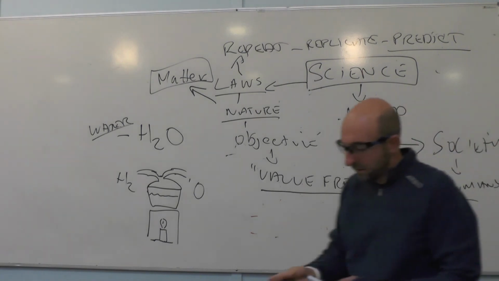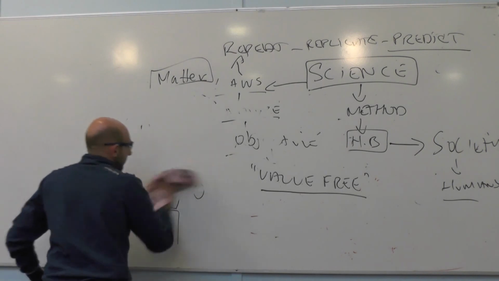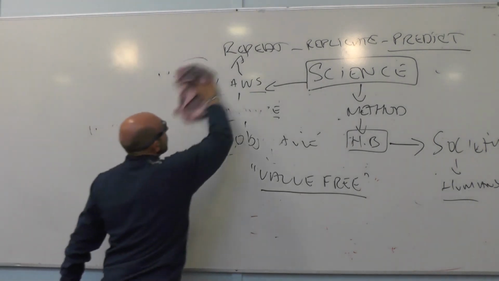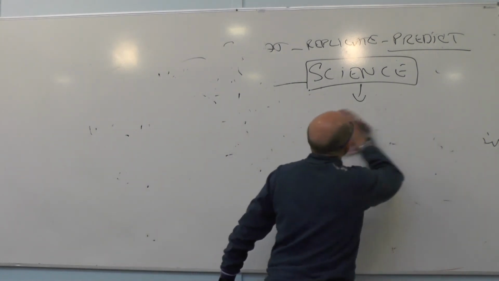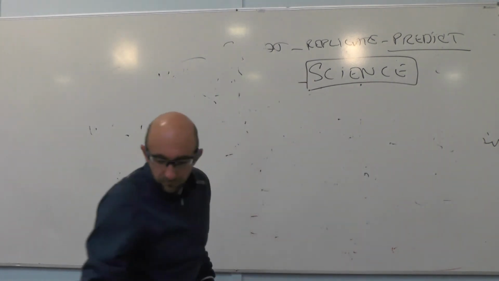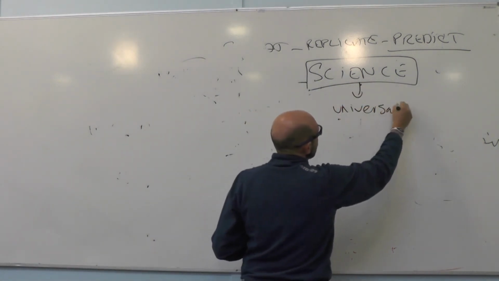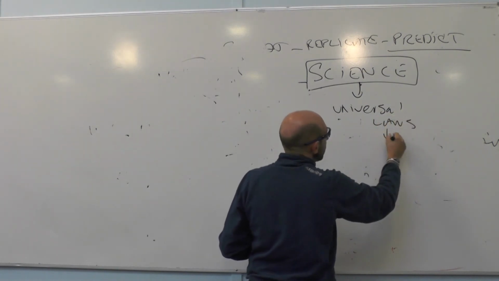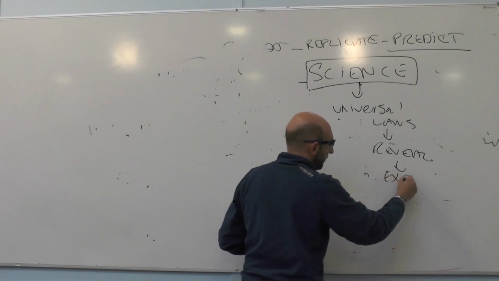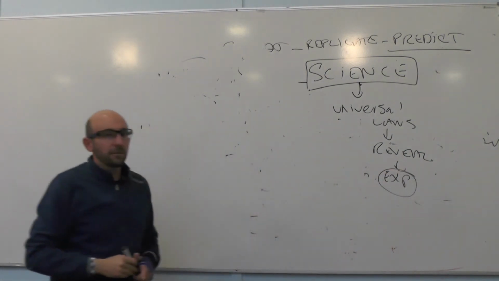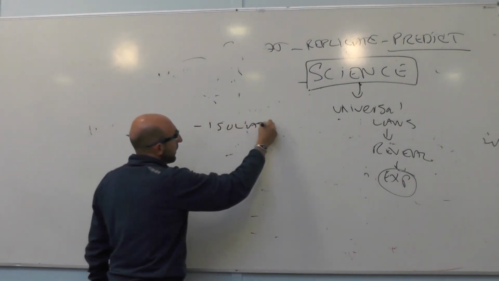So, let me just rub this off. Science seeks to reveal these laws then. Science says that there are universal laws, and all we need to do is to reveal them. The way that we reveal them is through experiments. So the scientific method means that we can isolate variables.